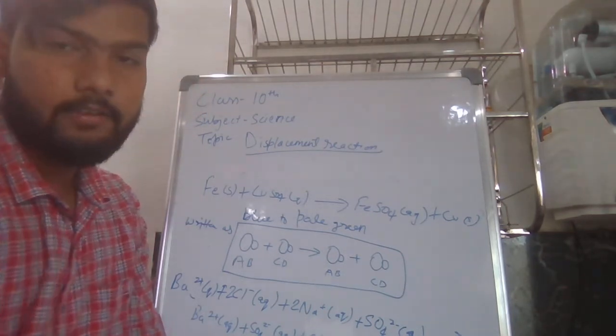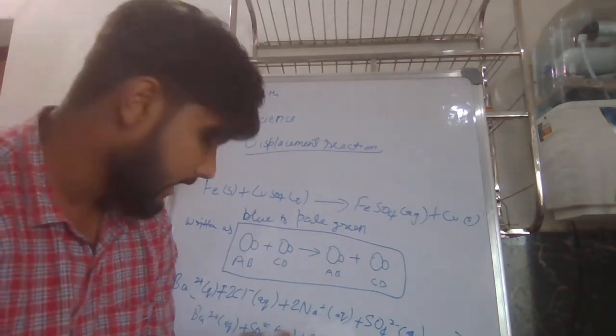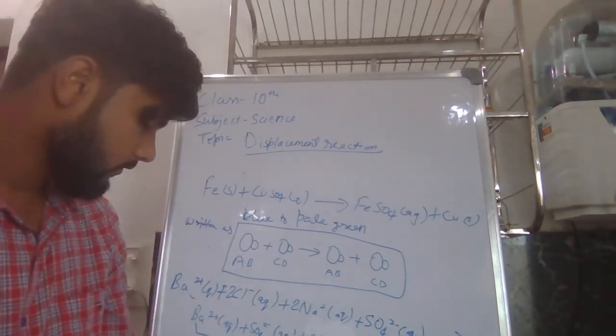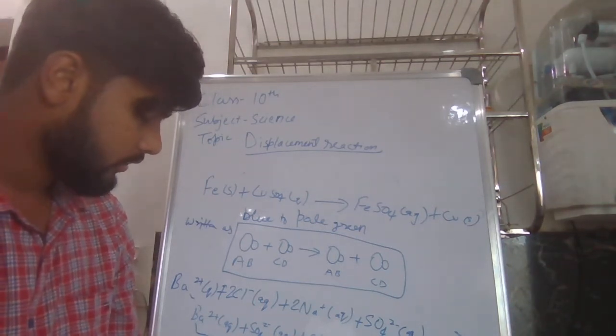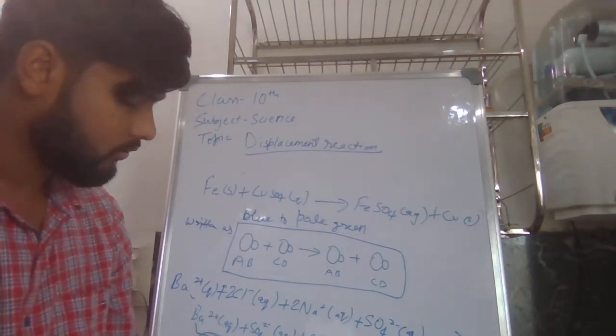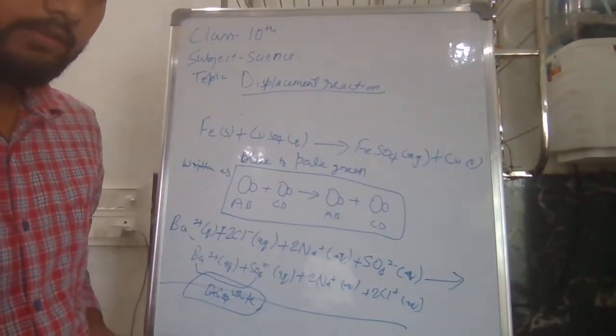So this is the equation. BaSO4 will be a white color. Okay, so I hope everyone is clear. Note down this equation in your copy.